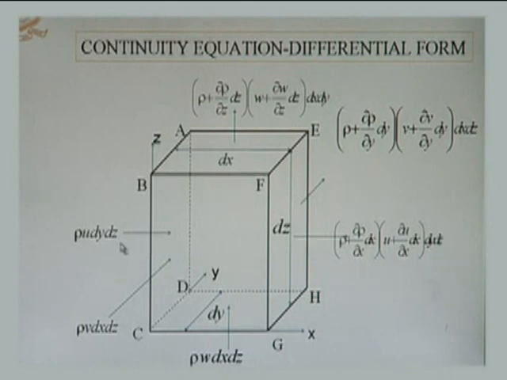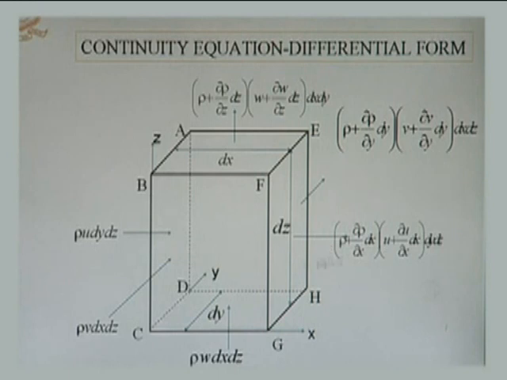So, the mass entering in the x direction is equal to rho u dy dz, and the mass going outside in the x direction through face E, F, G, H is equal to rho plus del rho over del x into dx, multiplied by u plus del u over del x into dx, multiplied by the area of this face, dy into dz.